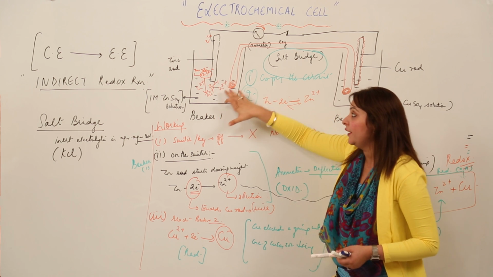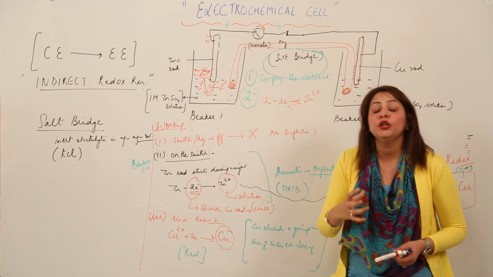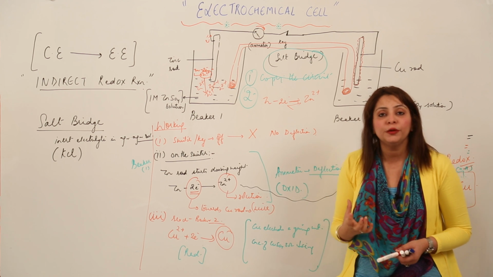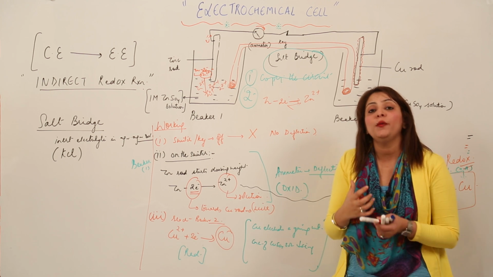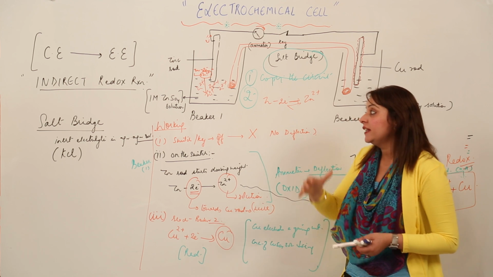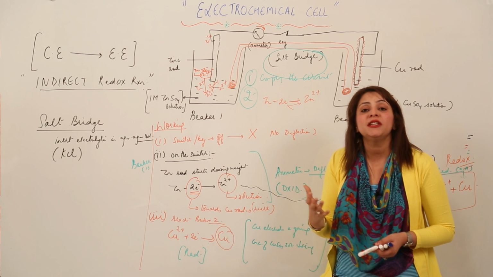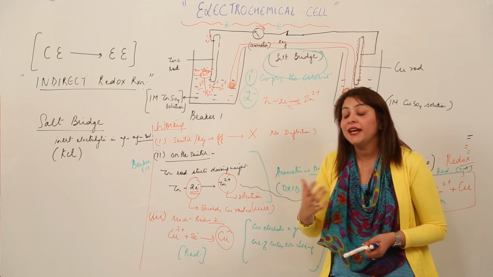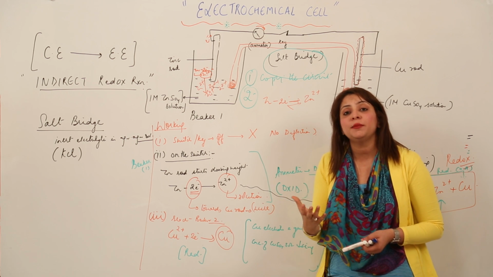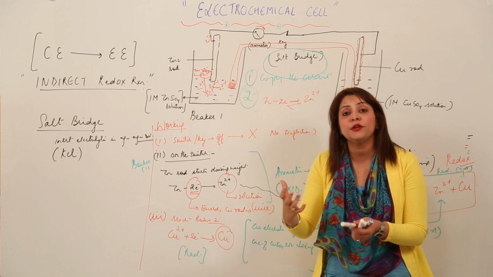As you know, there is so much positive charge that they will not allow more positive charge to be formed. So they will prevent the oxidation, right? And if the oxidation is prevented, there will be no electrons formed, and if there are no electrons formed, the production of current will stop.